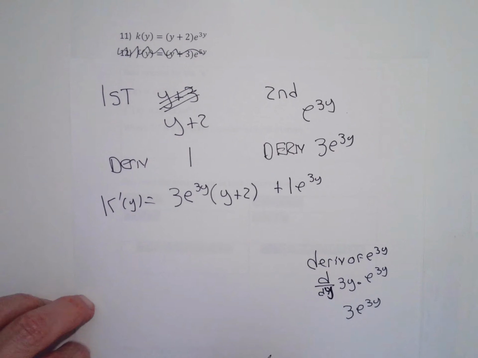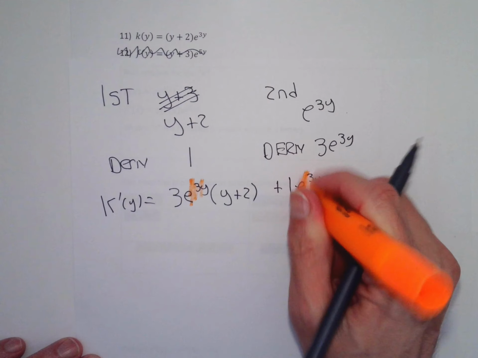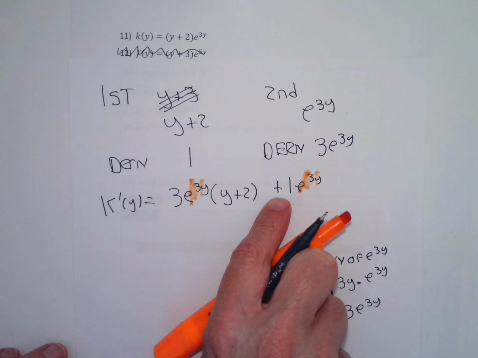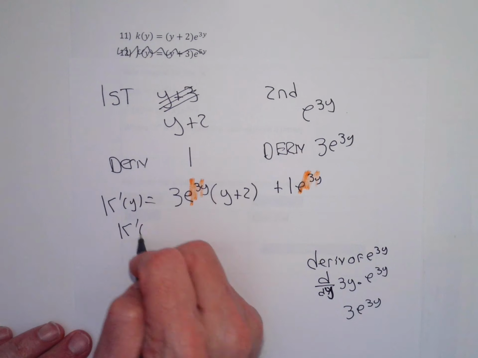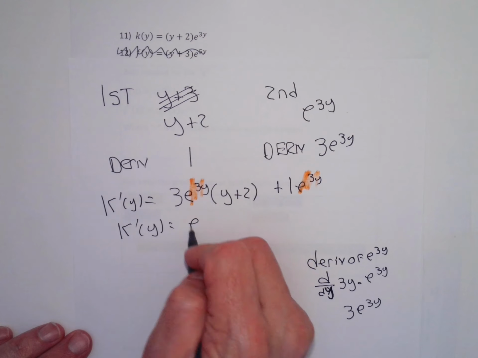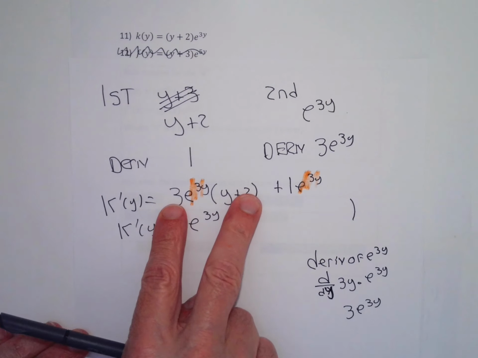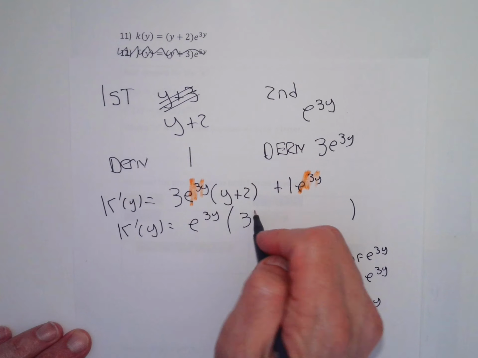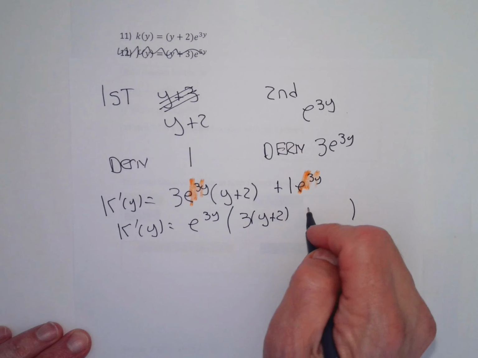That's my derivative. And I'm going to pull out a common factor of e to the 3y, because on either side of the plus sign that the product rule gives me, there's an e to the 3y. So I'm going to say the derivative is e to the 3y and then parentheses. For the first piece, I'm left with 3 times y plus 2. After the plus sign, I'm left with just a 1.